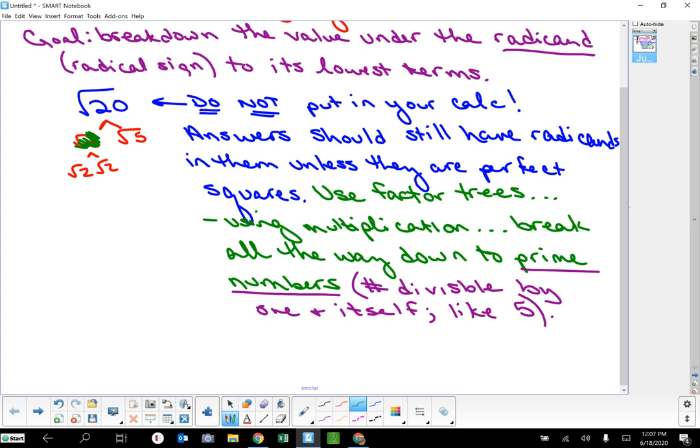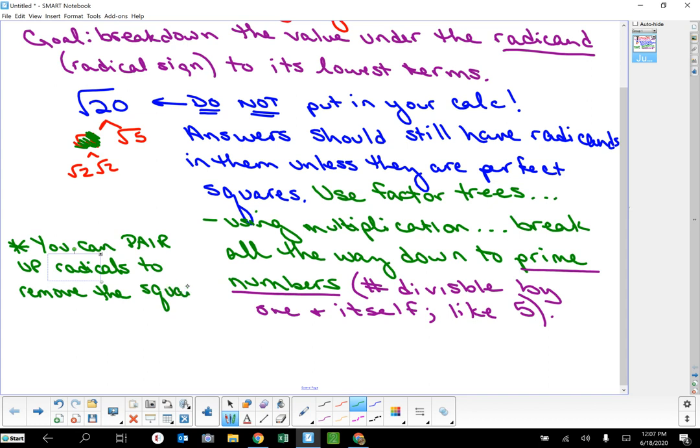All right, and then here's your goal. You can pair up, and put this somewhere on your paper. Pair up, which means 2 of them in a square root, radicals, to remove the square root sign.